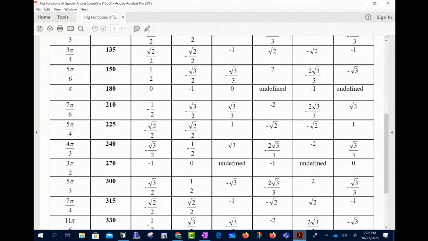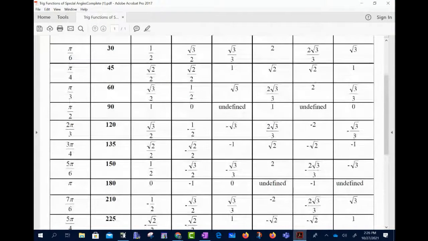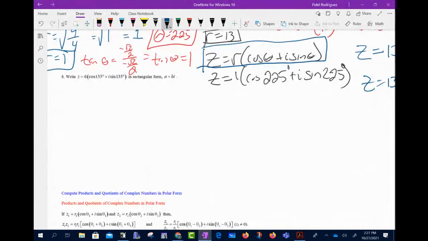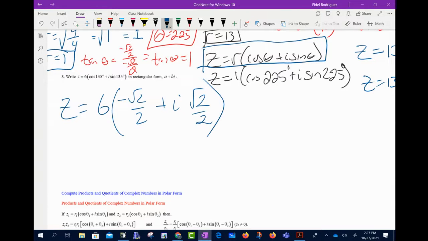Just to give you a heads up, 135, don't we have it here already? Yeah, so remember, cosine is going to be negative square root of 2 over 2, and sine is positive square root of 2 over 2. So look, z equals 6 times cosine, the negative square root of 2 over 2, plus i sine, the positive square root of 2 over 2.